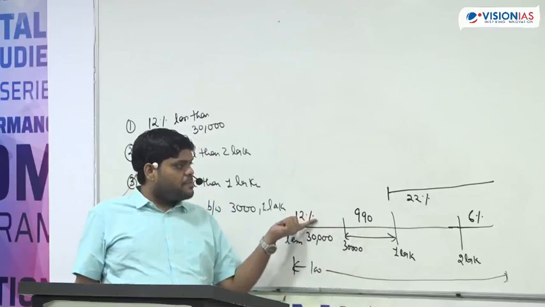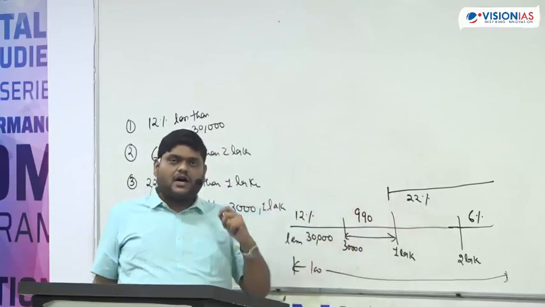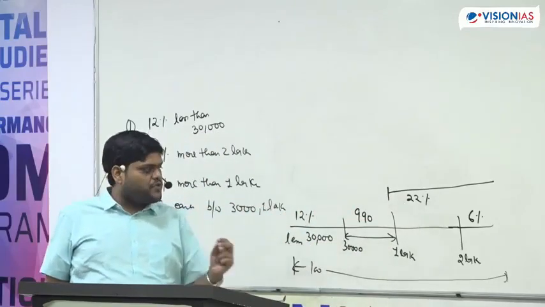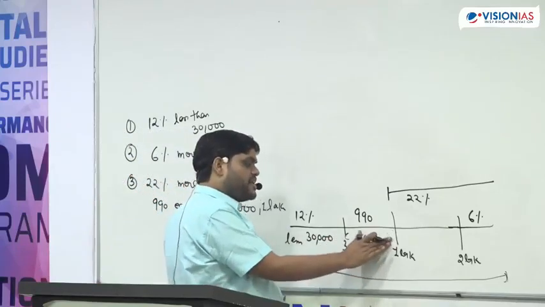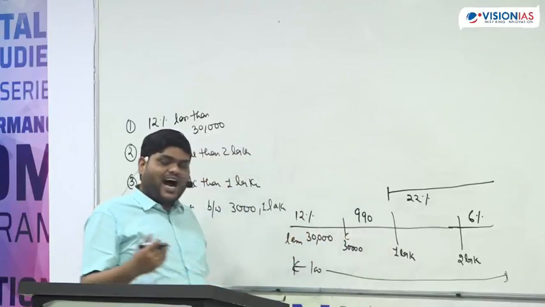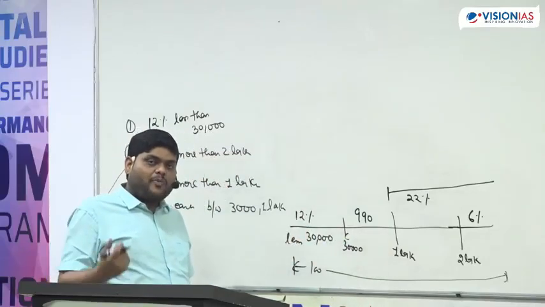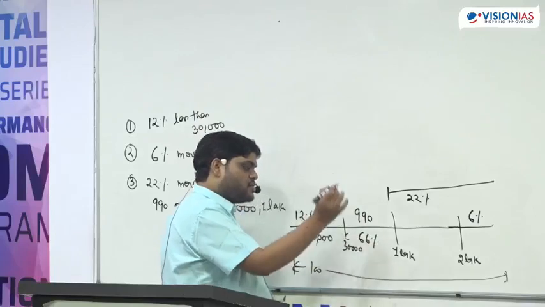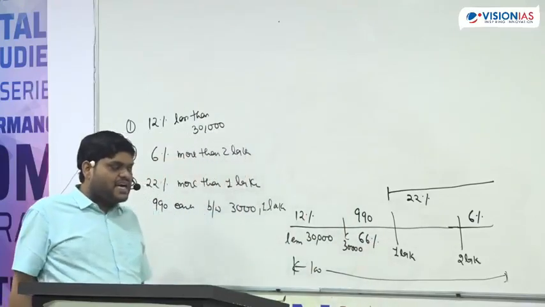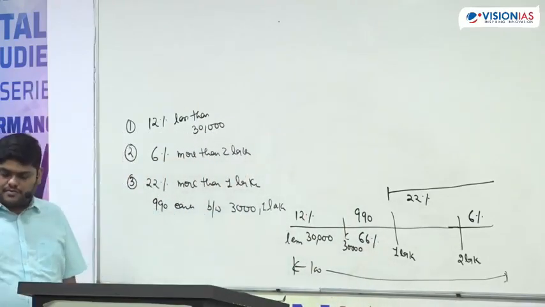So this is 12%, this is 22%. Total is equal to 34%. So if I remove 34% out of 100%, how much will I get? I will get 66%, or not?